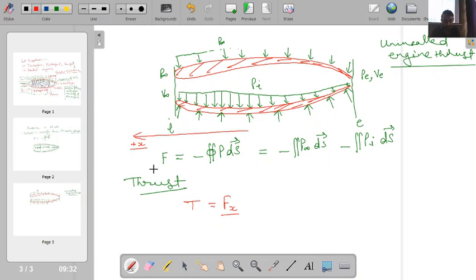So when I am referring to that particular component, I can simply say minus P infinity into this ds vector, and I will only consider the x component of this ds vector. Okay, and similarly here also I will consider the x component of this ds vector. Up to this point, is it clear?